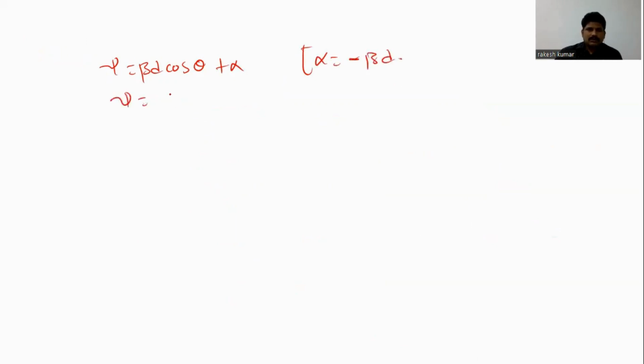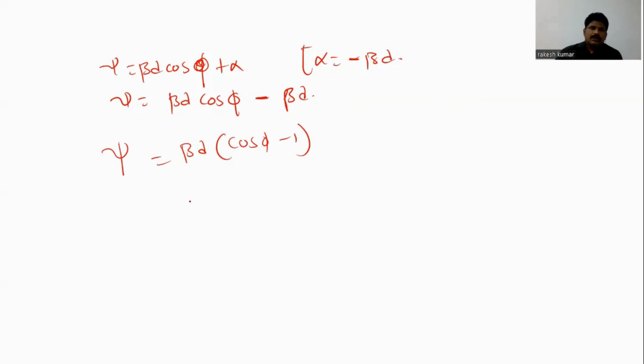Therefore, psi is equal to beta d cos phi minus beta d. If I take beta d common, psi is equal to beta d times (cos phi minus 1).